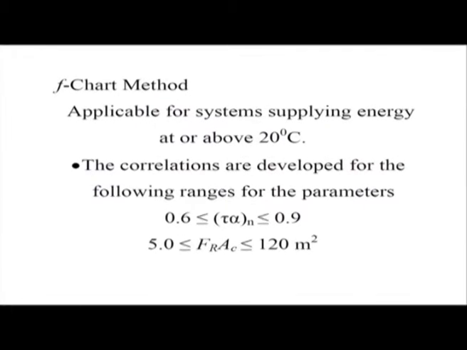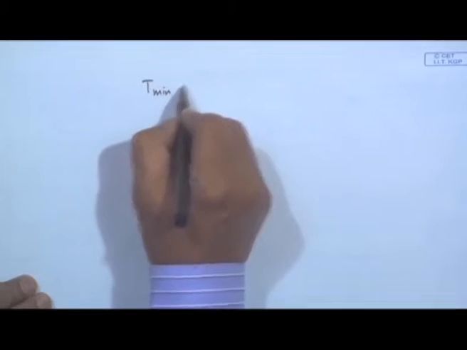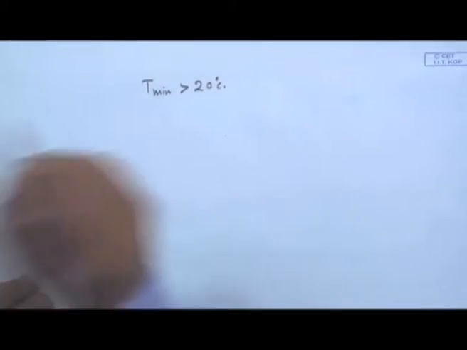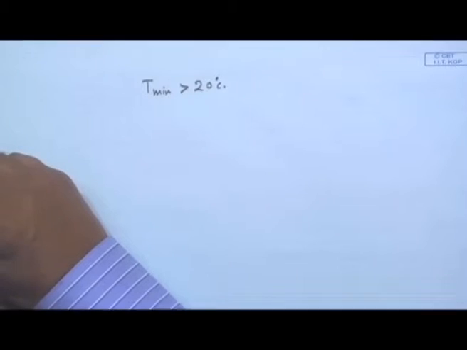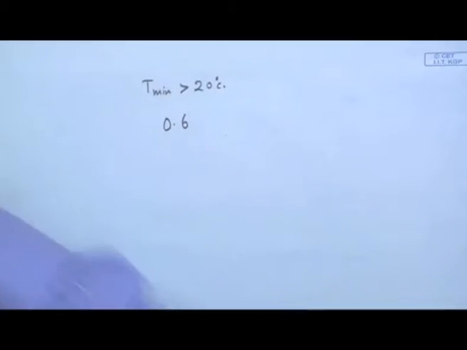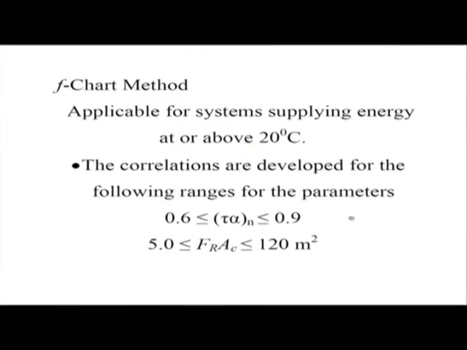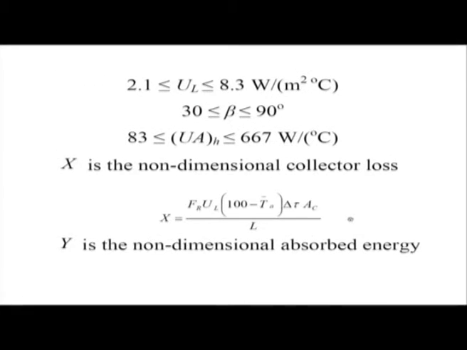This F chart method is applicable for T minimum. So, if the supply of energy is above 20 degrees C, you can apply the F chart method, and the correlation has been developed for certain ranges of the parameters which have been listed over here, 0.6 to 0.9 for tau alpha normal, similarly area, overall loss coefficient, slope, and the building loss coefficient, which we have explained in the detailed lectures.